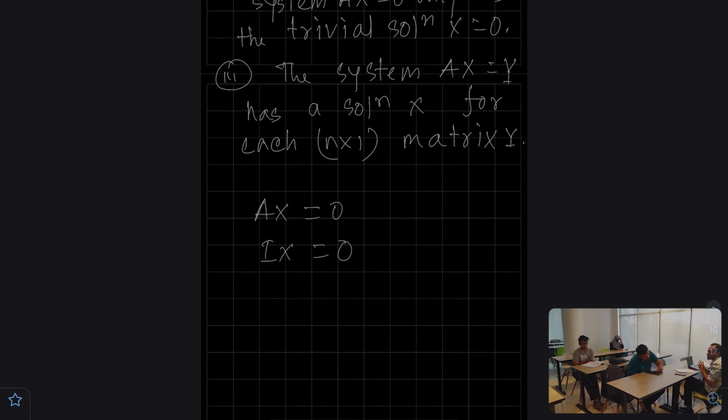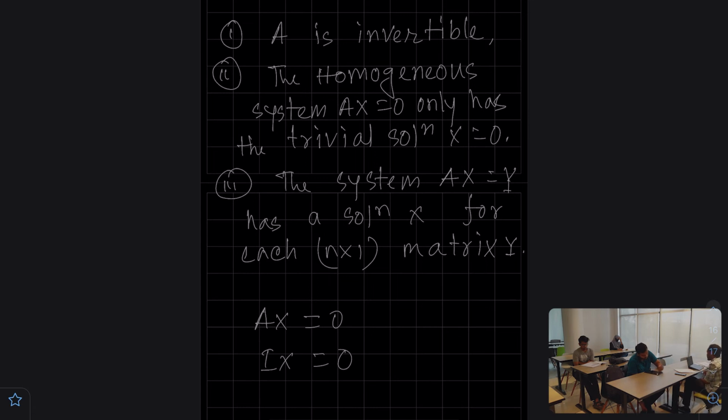But Ix equal to 0 has only the trivial solution. That means Ax equal to 0 also has the trivial solution. And this follows that the homogeneous system Ax equal to 0 only has the trivial solution, x equal to 0.